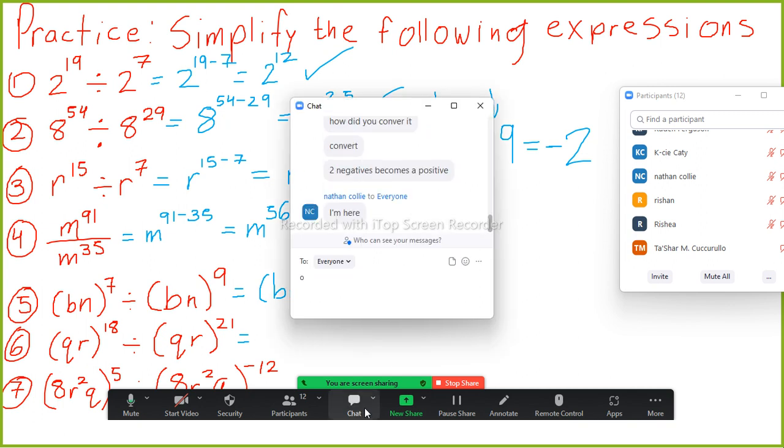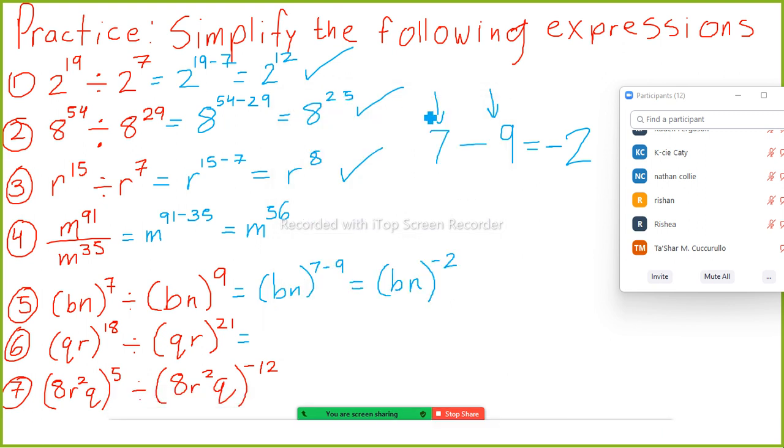Okay, so can you answer number 6, Nathan? What do you think it is? No? KC, can you help him out? KC, what do you get for number 6?